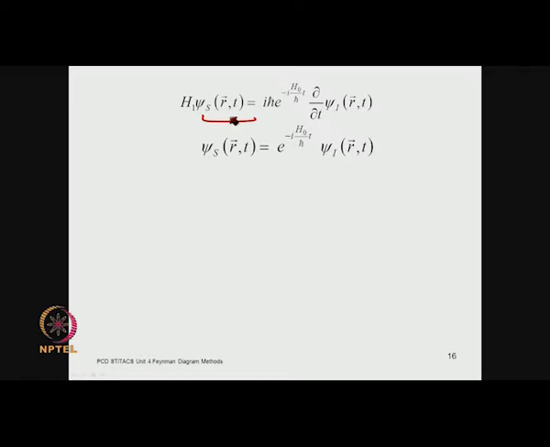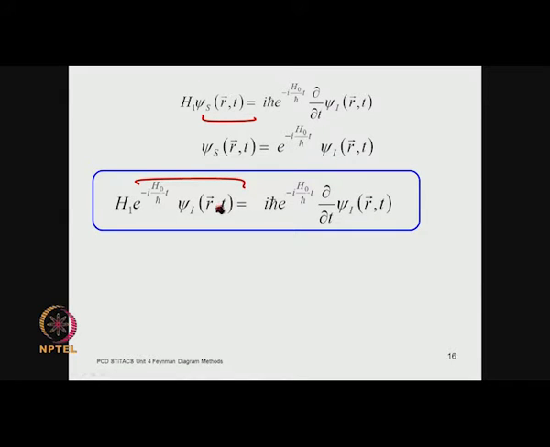So, this Schrodinger picture wave function is now given by this transformation. What it does is, if you now write this only in terms of the interaction picture terms, okay, you write this wave function in terms of the interaction picture wave function, but to do that you must operate upon this by e to the minus i H0 over h cross t. The right hand side is the same at this stage, and now on this result you operate on both sides by e to the plus i H0 over h cross t.